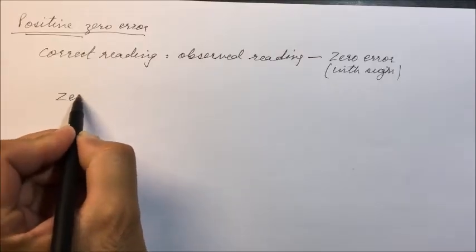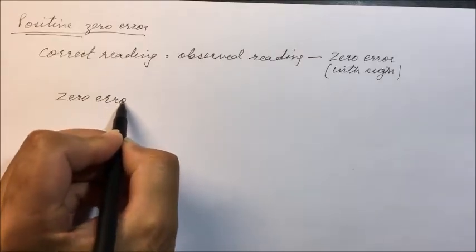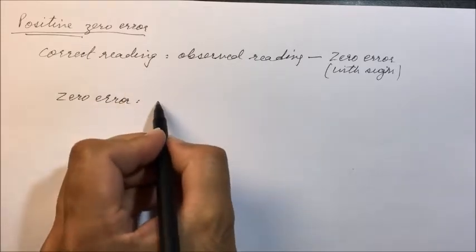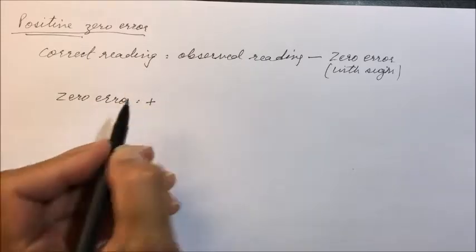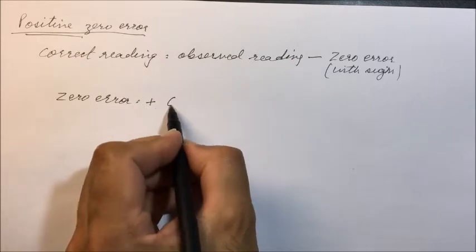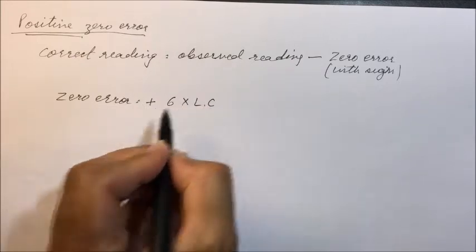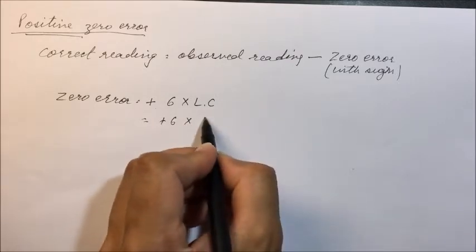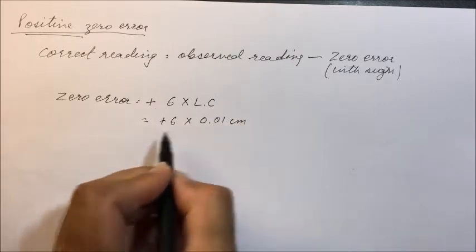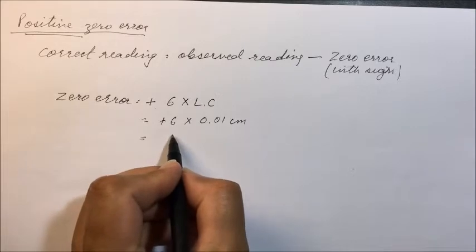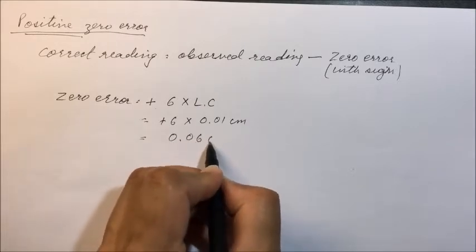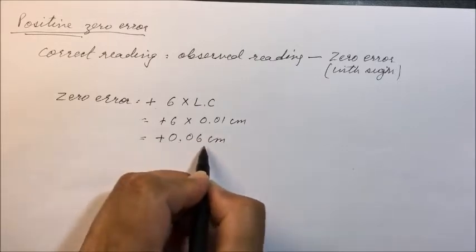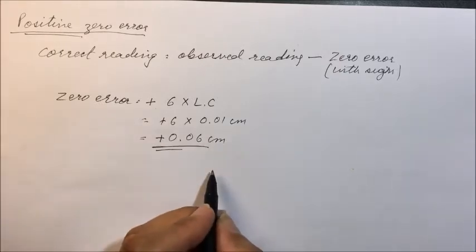Zero error will be equal to plus 6 into the least count, that is 0.01 centimeter. So zero error in this case is 0.06 centimeter, and plus denotes the positive zero error.